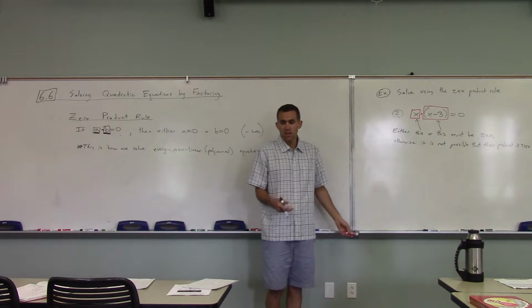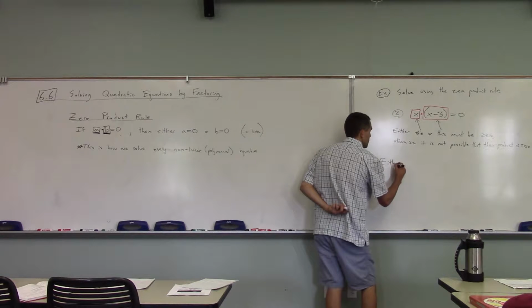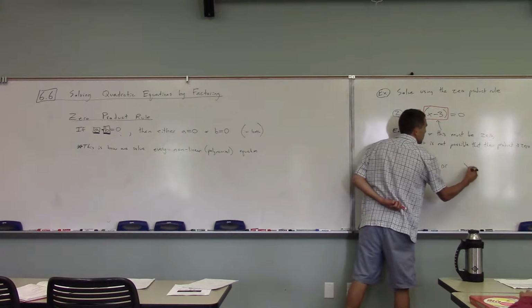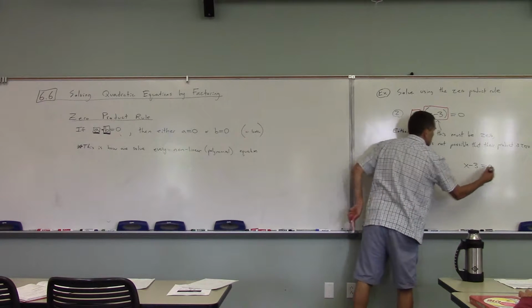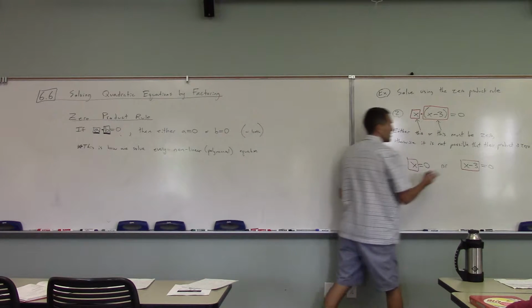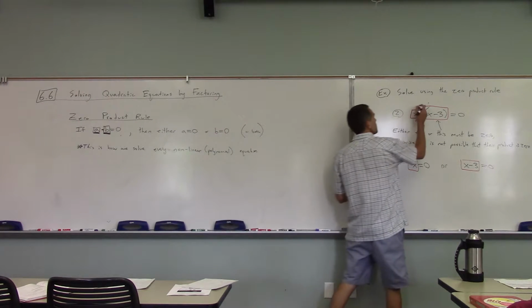That's the whole idea. So what we say is either the first red box equals 0 or the second red box equals 0. So that's my A and my B being multiplied together.